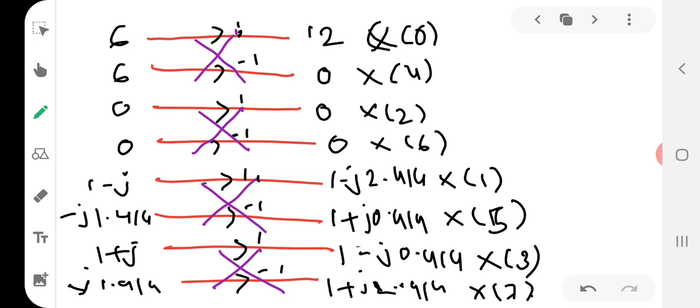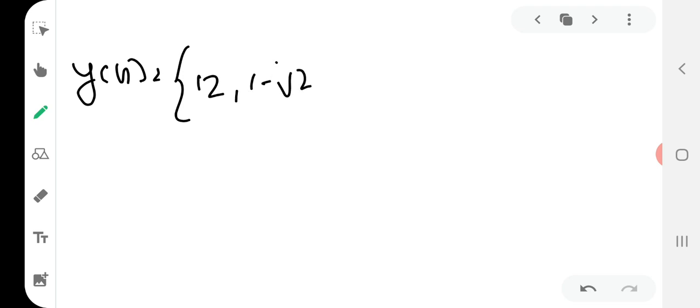and the final answer we will write in the correct order. That means first we will write what is x of 0, that is y of n, we can write it as x of 0, that is 12. Then x of 1 will be 1 minus j 2.414. Then x of 2 will be 0. X of 3 will be 1 minus j 0.414.